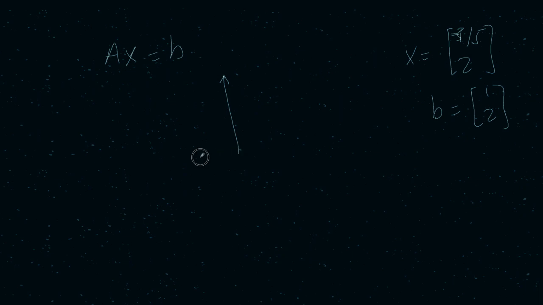Now if you look at x, which was minus 3 over 5, it is somewhere here, minus 3 over 5 on the x axis, and on the y axis it is 2. This is the vector represented by x bold. Usually we represent vectors and matrices by bolding the letter.